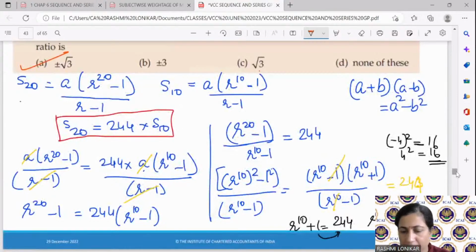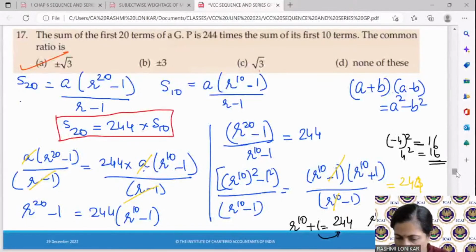There are lots of sums. Yes, Aishi, very good that you feel the explanation is very easy and you love my teaching. Thank you so much. Sindhu, please take it on the website also, or if you want, I can upload this PDF of weightage of marks.